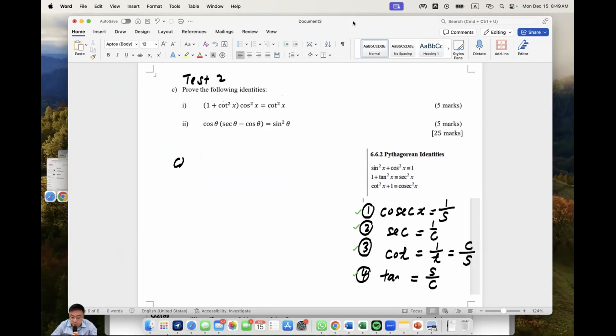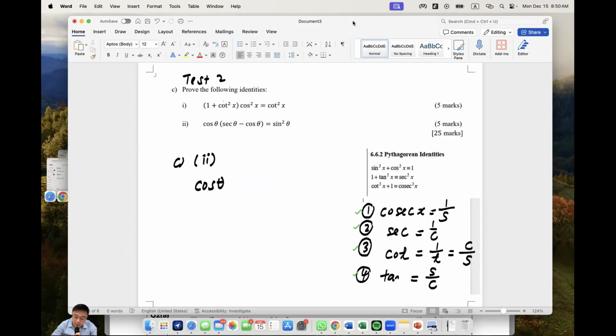Okay, class. How about number two? Question number two. How about question number two? Cosine theta, secant theta, and cosine theta. How to do it? How to change it?